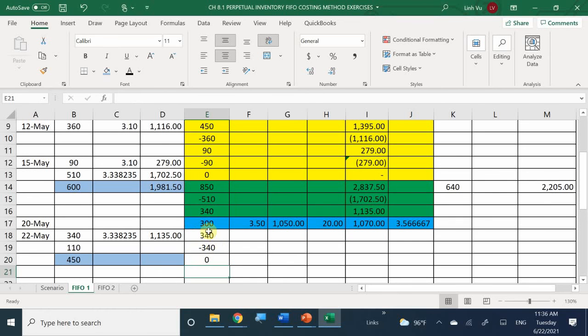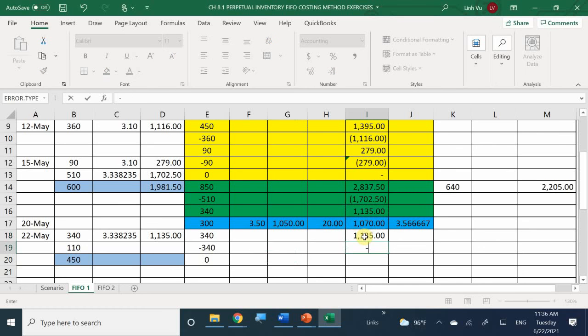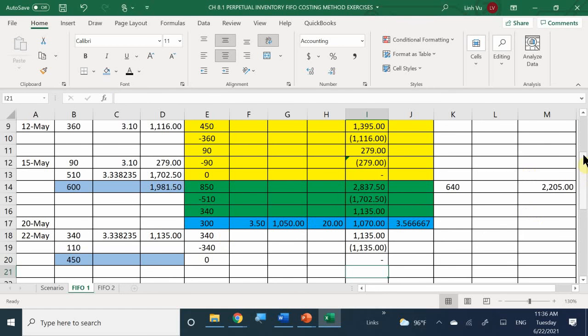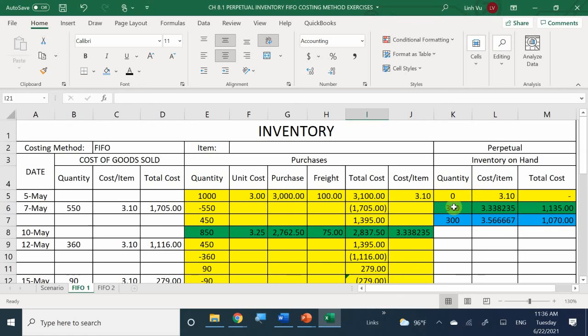So I'm taking my 340, subtracting 340 to make my value become 0. Pulling that 1135, subtracting out 1135 should bring my value to 0, which validates that I can just get rid of my entire green batch and say there's nothing in there.